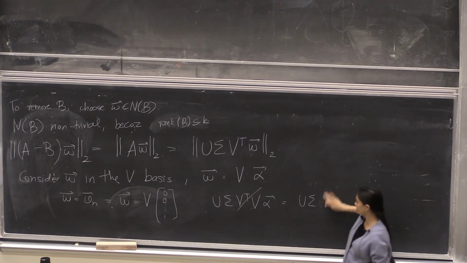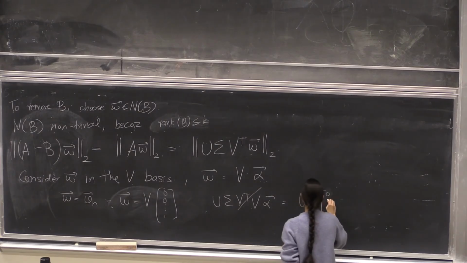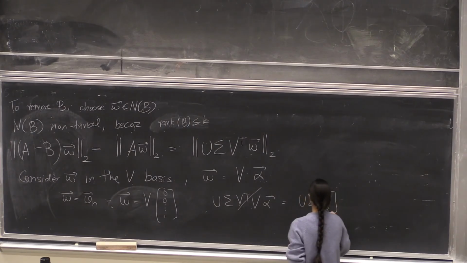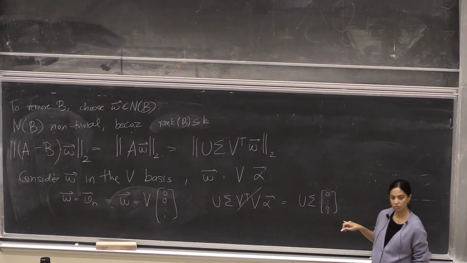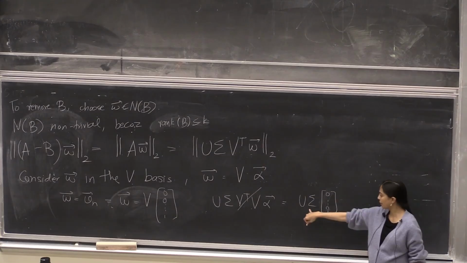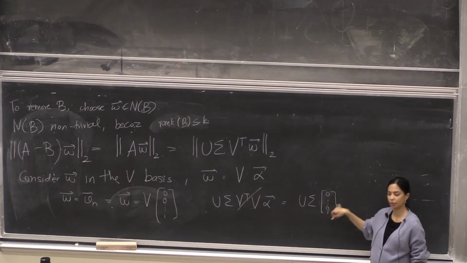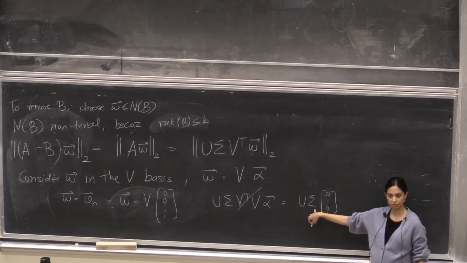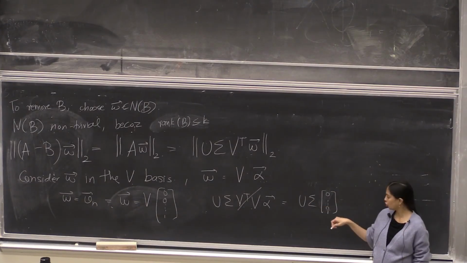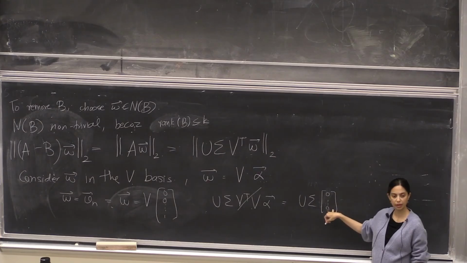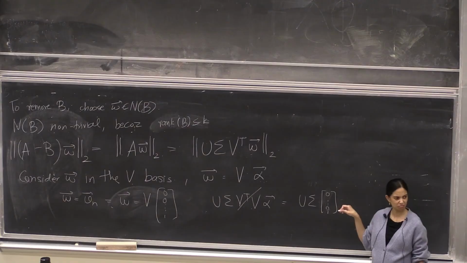Now we've chosen alpha to be zeros and then 1, right? So what happens when I take sigma times this thing? What is sigma? It has all the singular values along the diagonal, right? So which singular value is this going to pull out? The last one. And you're going to pull out a sigma n, right?